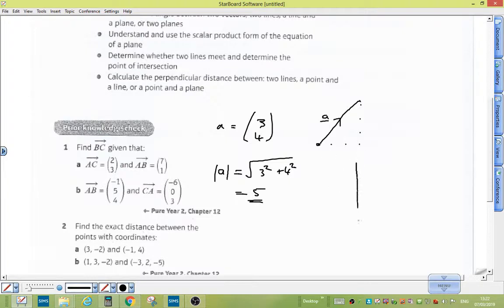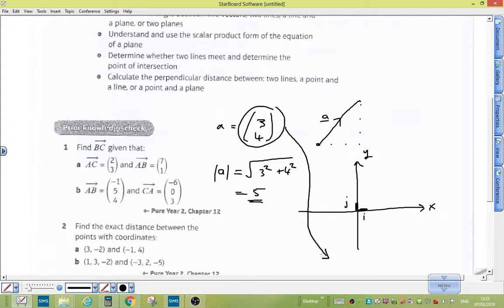Going slightly more advanced, only very fractionally, you've got the y direction and the x direction in only 2 dimensions at this moment. You know that a unit vector, so it's got magnitude 1 in the y direction, we call it j, and in the x direction, the unit vector is called i. So we could write this column vector format that you're used to in another more typical way.